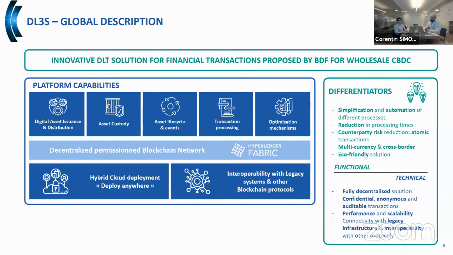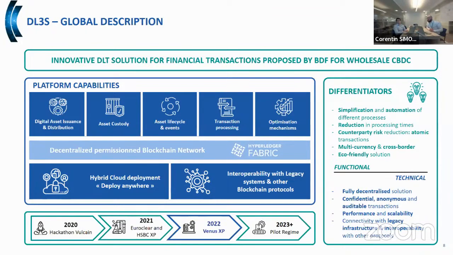We also have pretty good performance and scalability, at least in the wholesale context, and connectivity with legacy infrastructure and interoperability with other protocols. So it's an asset that was built and improved over the years through experimentation within Banque de France, but also with external partners.